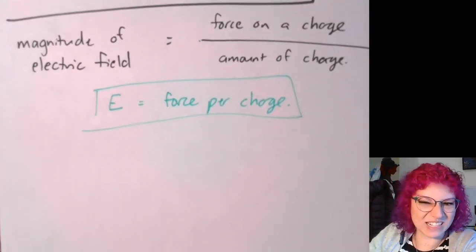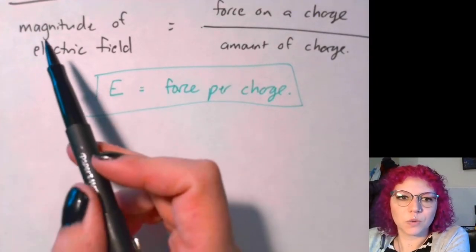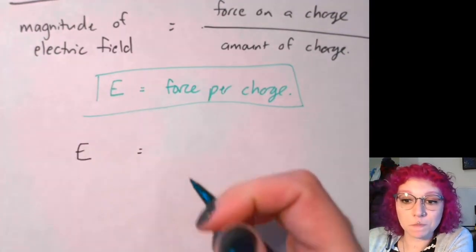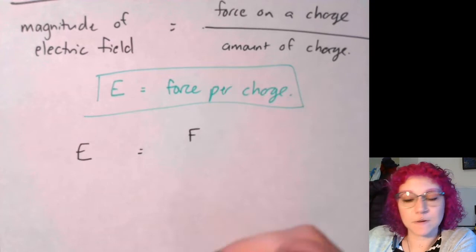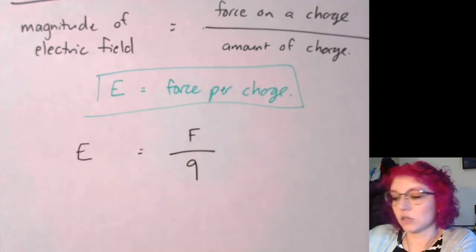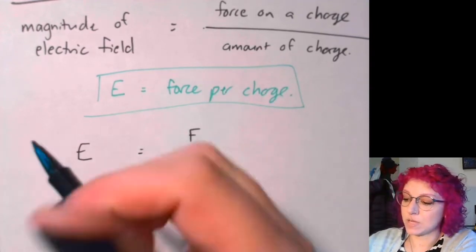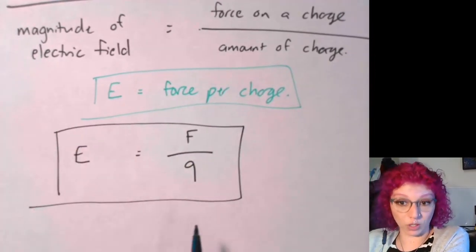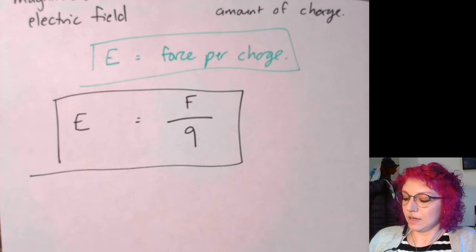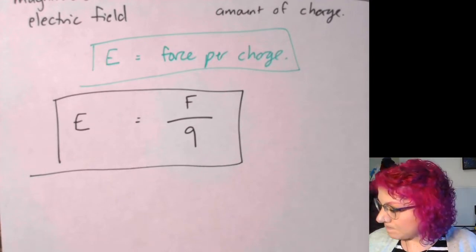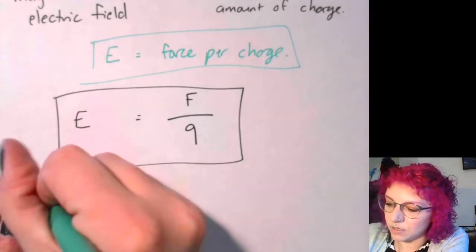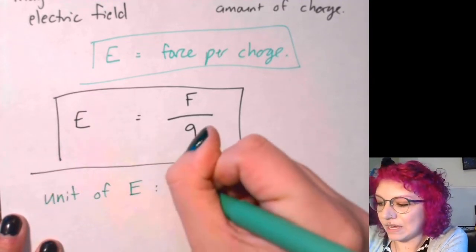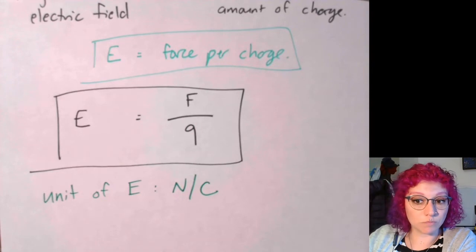Let's think quantitatively. So our electric field, E, is equal to the force per unit charge. This is one of the main equations you will be working with. The unit of the electric field is newtons per coulomb.